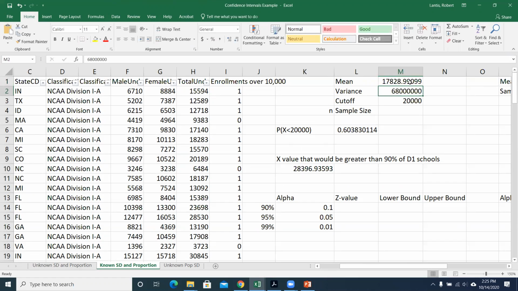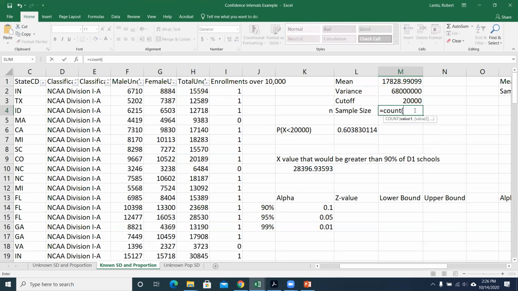Now, I think the original value I had in this file was a little bit different, but let's just assume that someone tells you that the population variance is 68 million, so 68 and 6 zeros. Let's assume someone gives you that population variance. We can't observe the population data, so that's something someone has to give to us. This is just sample data. It's not every single Division I school.